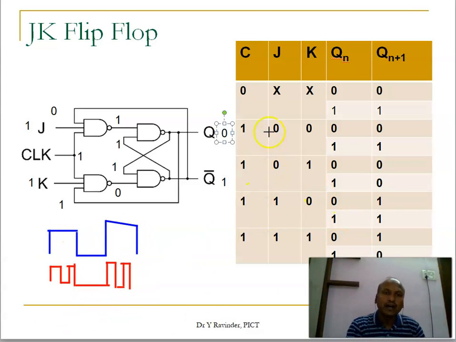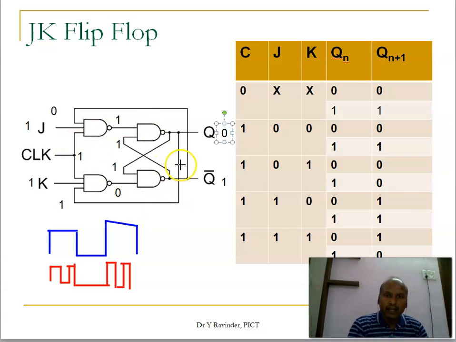So this is still what I can call a latch, but I will make this edge triggered by using another JK flip-flop and connecting them together, with one clock and the other clock inverted.